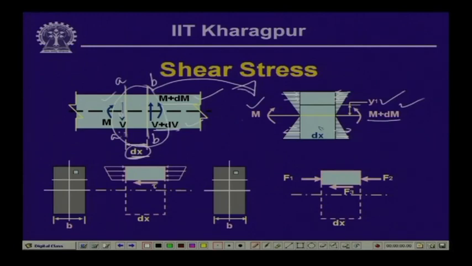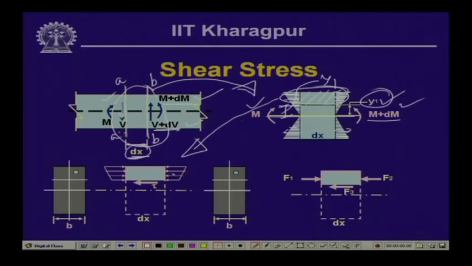Now, if we consider a small segment of this beam which is at a distance of y1 from the neutral axis, and separate out this segment and look into the stresses, the stress distribution will be something like this.